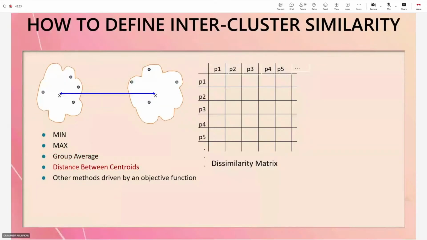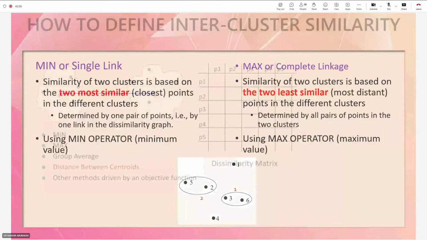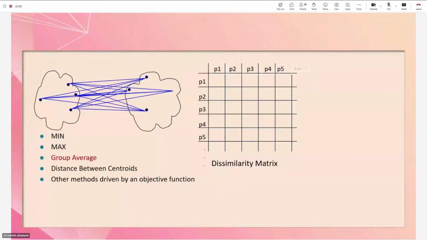So for the maximum, this is the two least similar, because they are far away. That is the most distant point in the different clusters. This is why in the diagram you see that it points to the most distant points from cluster 1 and cluster 2, or cluster A and cluster B. That means it's indicating that they are least similar.